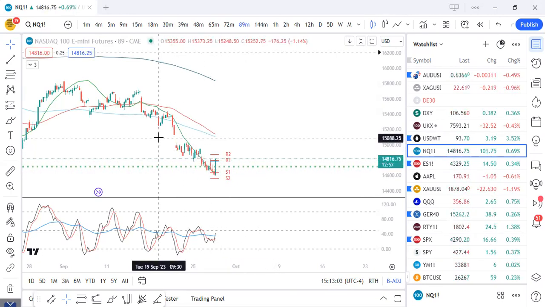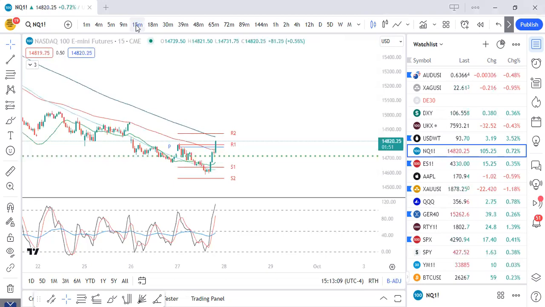But sir, do you think R1, R2 has validity? Does it actually work every time? It doesn't work every time. But if you follow this with risk management, you will make lots of money. If you long S1, you stop below S2 and take profit on R1.